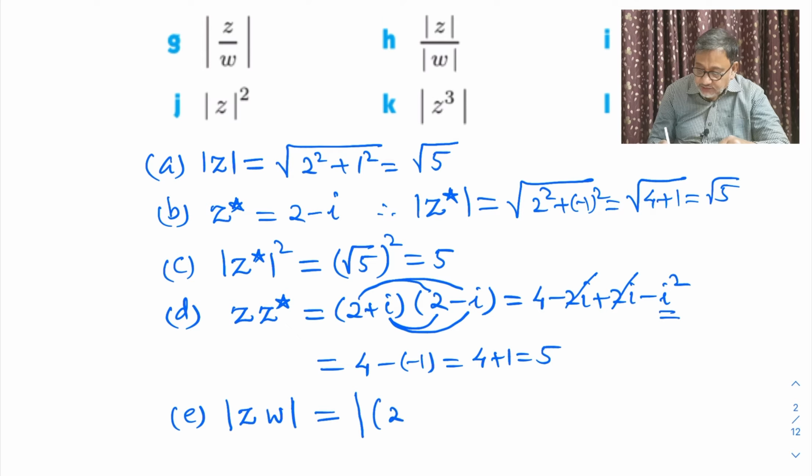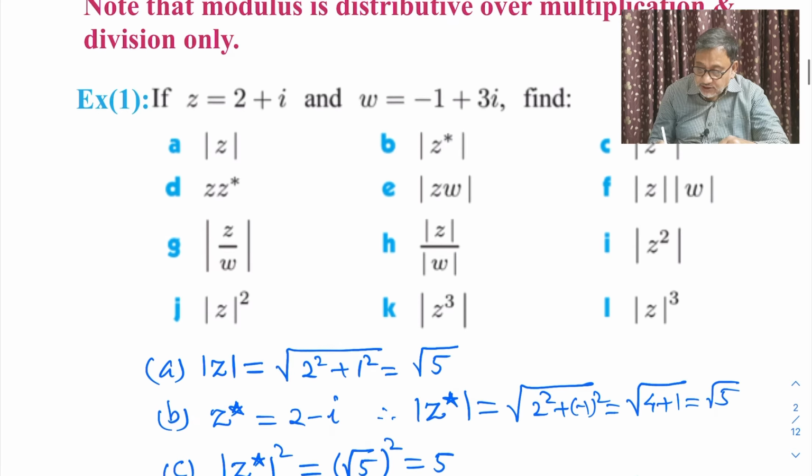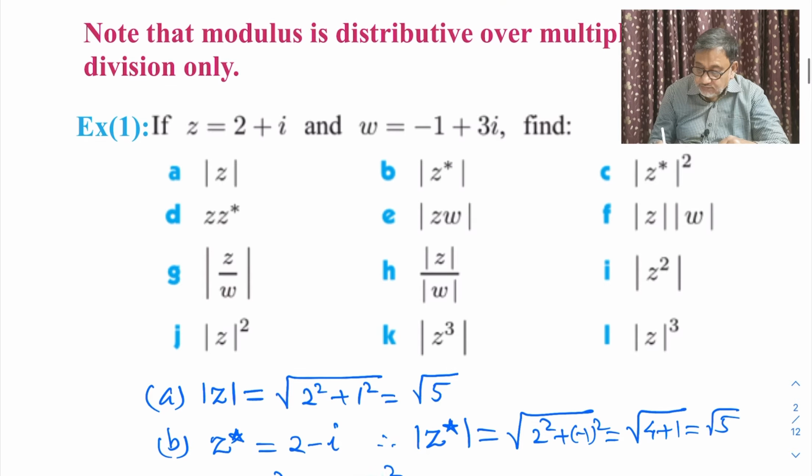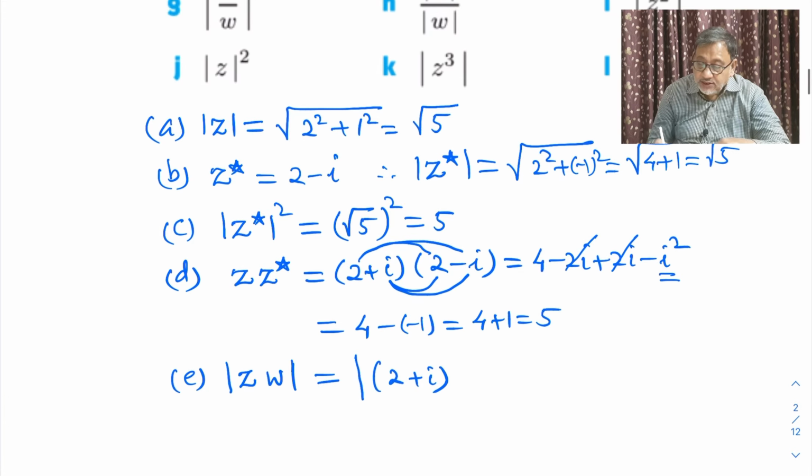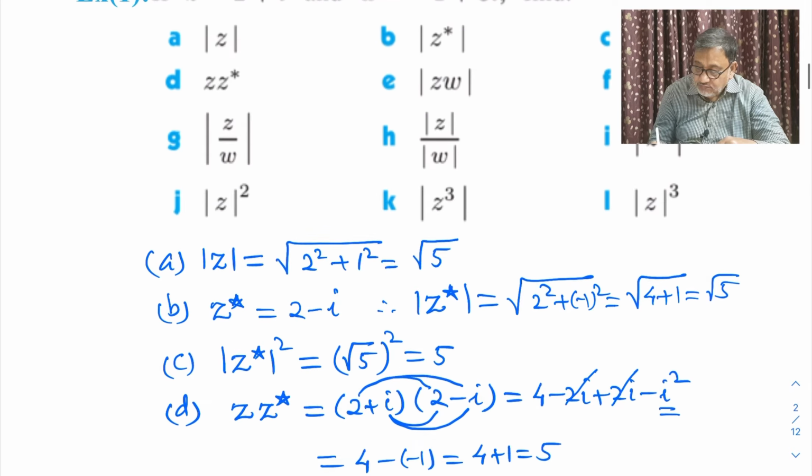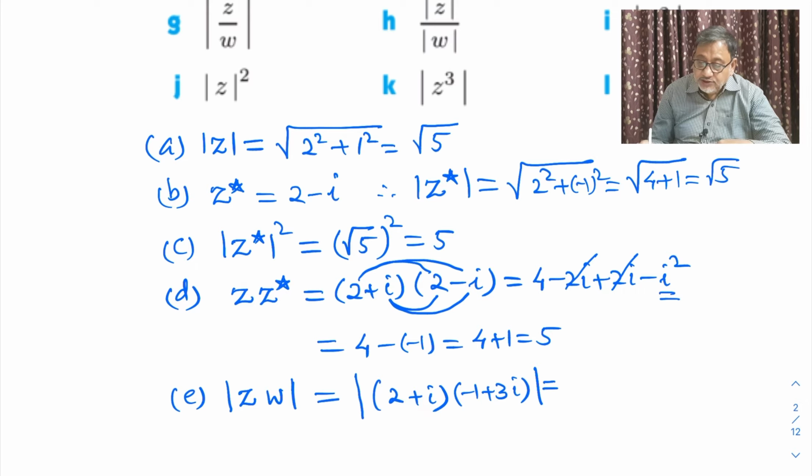We multiply z, meaning 2 plus i, and w, meaning minus 1 plus 3i. First I will multiply them inside and then find the conjugate. So 2 multiplied by minus 1 is minus 2. 2 multiplied with 3i is plus 6i.